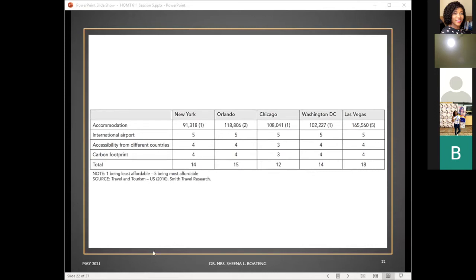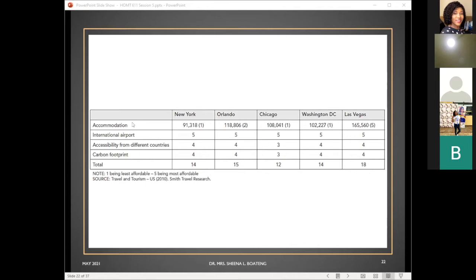For instance, this is a very basic and simple checklist that an event professional was using to select a venue for a conference, right? Now, they were using just 4 criteria. The first one being accommodation and the number of people that each hotel can accommodate, right?